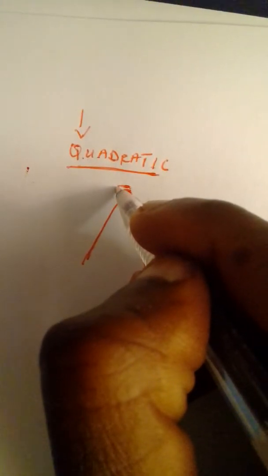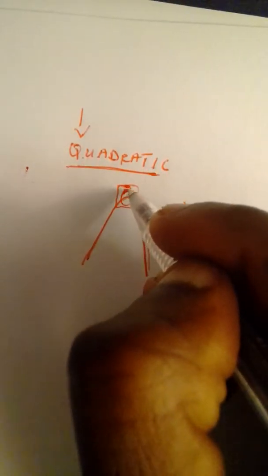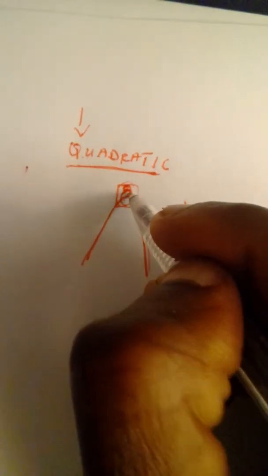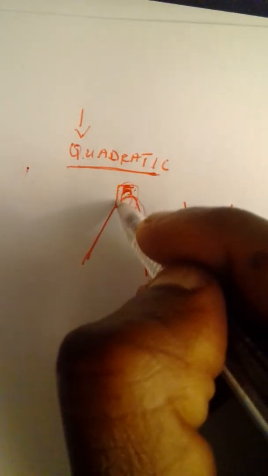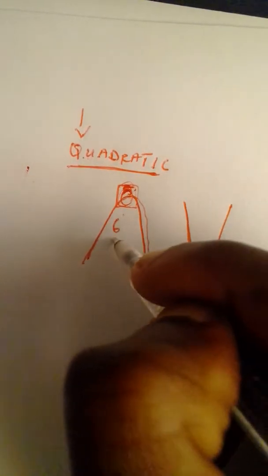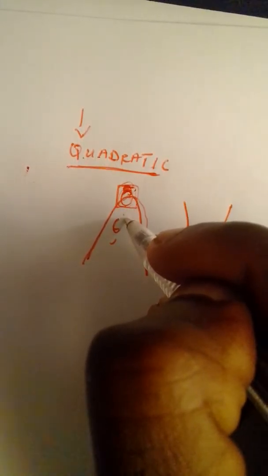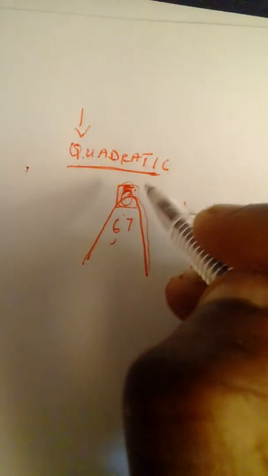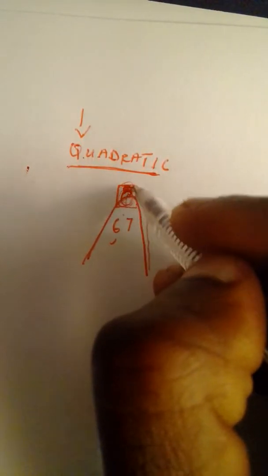So in a quadratic function, you only have one turning point. It means that the x turning point is only one, and the y turning point is only one. Let's say the turning point of x is 6, and the turning point of y, let me just say, is 7. So this will be the only turning point that you have.